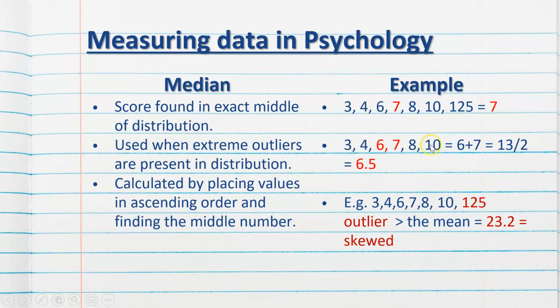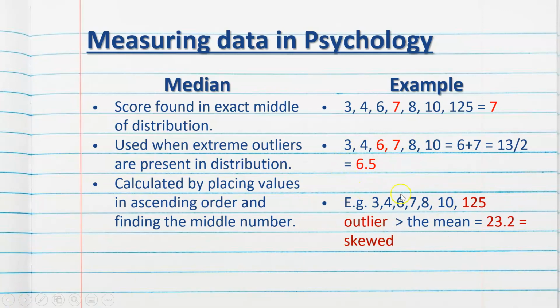So all we have to do there is we add up the 2 middle numbers. So 6 plus 7 gives us 13, and then we divide 13 by 2. So that gives us an answer of 6.5. So whenever we have 2 middle numbers, all we have to do is add them up and divide them by 2. And that gives us our median. In this case, it's 6.5.